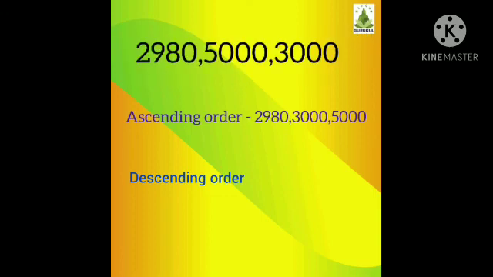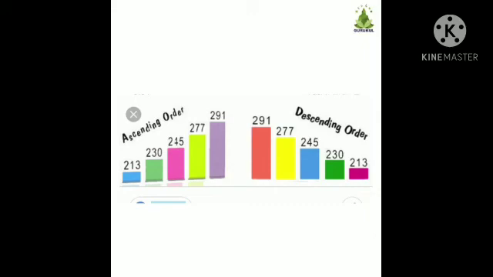Here, by observing 1000 digits, you can write the answer. First, write down the bigger number, that is 5000, then write down 3000 and last 2980. I hope you understood ascending and descending order. Arrange it properly. Practice ascending and descending order.